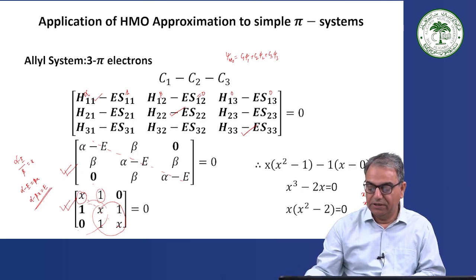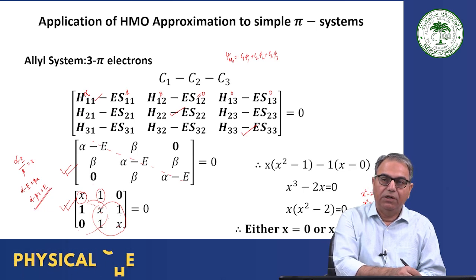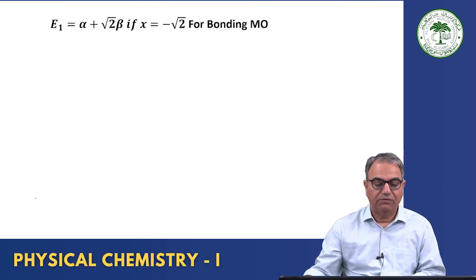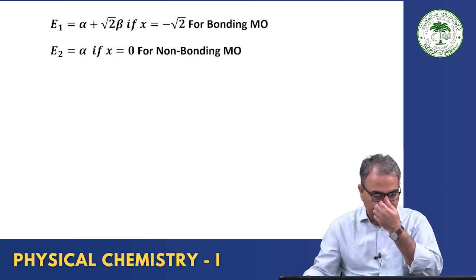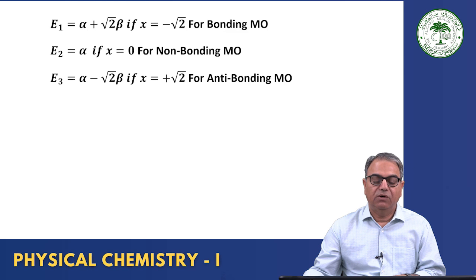What was the value of x? The x value was 0 in one case, so energy will be alpha only, and in another case it will be alpha plus root 2 beta or alpha minus root 2 beta. So E1 is alpha plus root 2 beta, E2 is equal to alpha because x is equal to 0, and E3 is equal to alpha minus root 2 beta if x is equal to plus root 2.